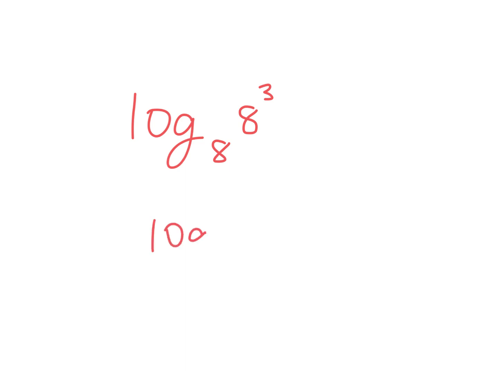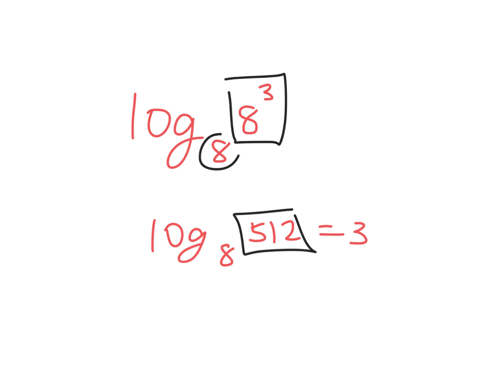So that means log base 8 of 512 is 3. And it is. Because 512 could be written as 8 to the 3rd. And if this base of the log and this base having a little exponent on it, if those two numbers are the same, they're both called bases in their own way. If those bases are the same, then the answer is already there. All right, so the answer for that one is 3.